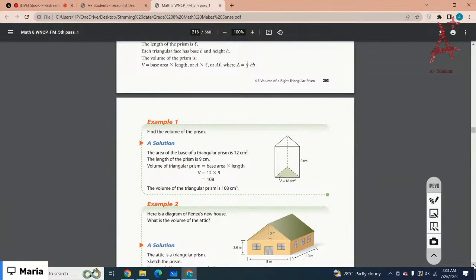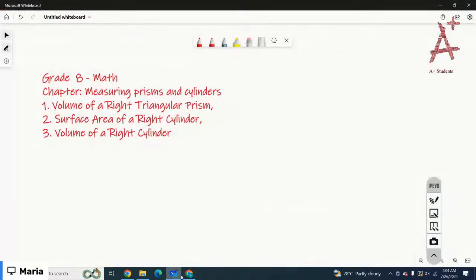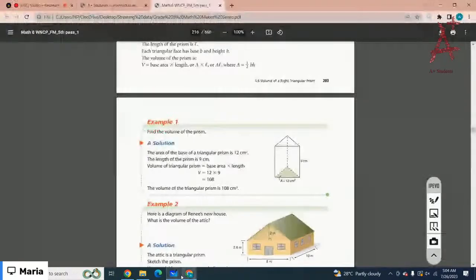We have already done the volume of a right rectangular prism in the last session. Okay, hold on.